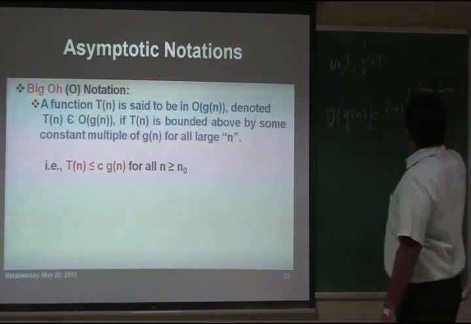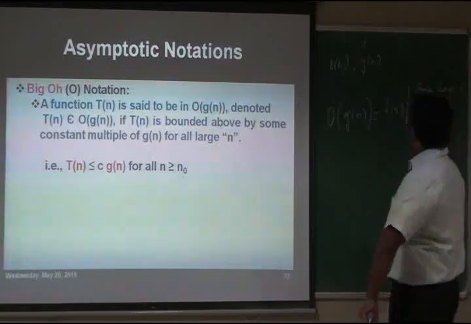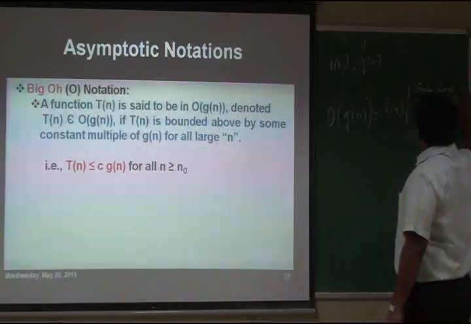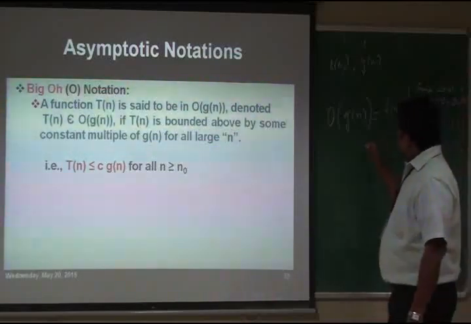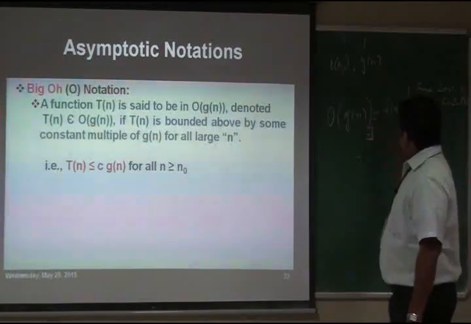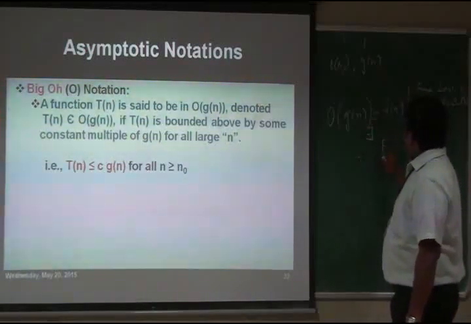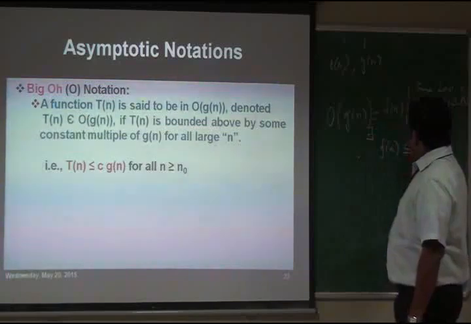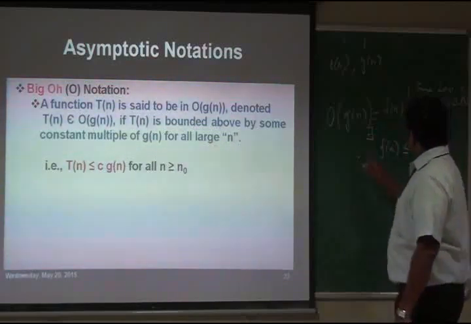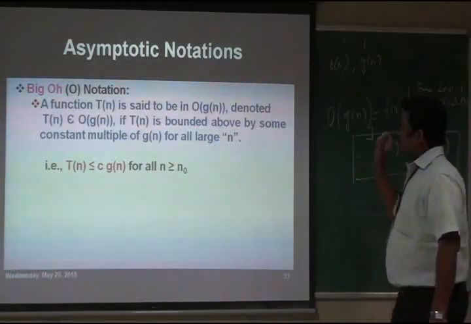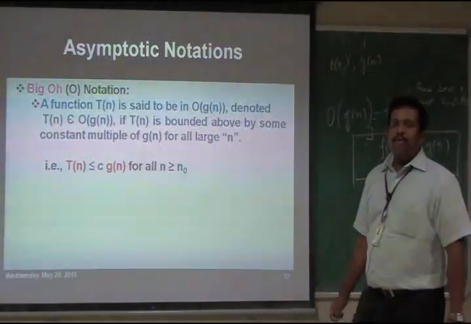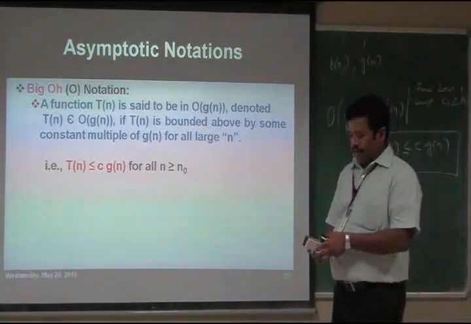There exists a constant c and a non-negative integer n naught such that t of n is less than or equal to c into g of n. It defines the upper bound of resources for the execution of the algorithm for all larger values of n.